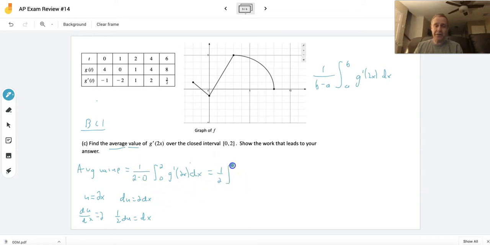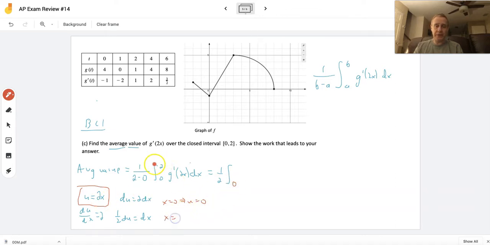And because these limits of integration are in terms of x, I'm going to switch them over in terms of u by using this, u is equal to 2x. So when x is equal to 0, that means that u is going to be 2 times 0, which is still going to be 0.